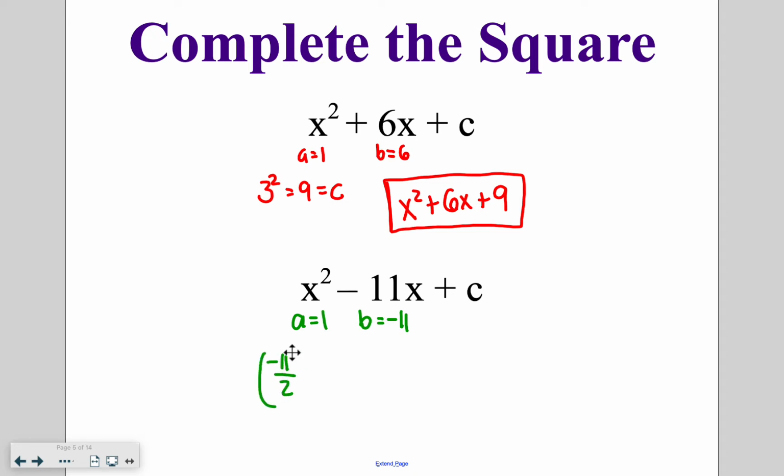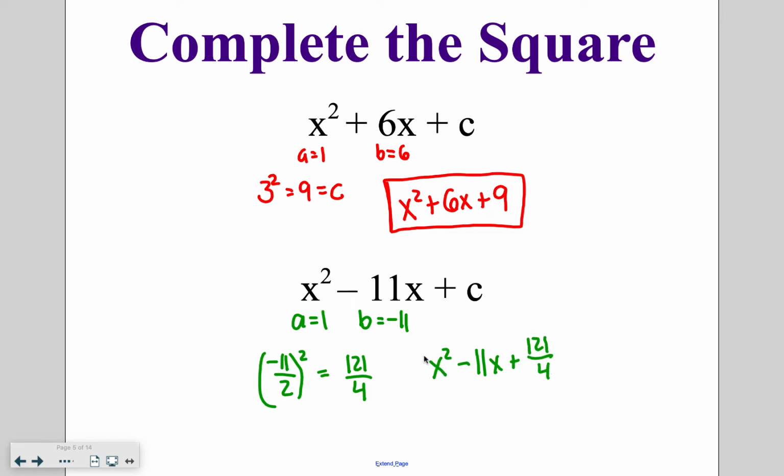Then when I square that, that means I'm squaring the top, which is 121, and squaring the bottom, which is 4. So my perfect square trinomial then becomes x squared minus 11x plus the fraction of 121 over 4.